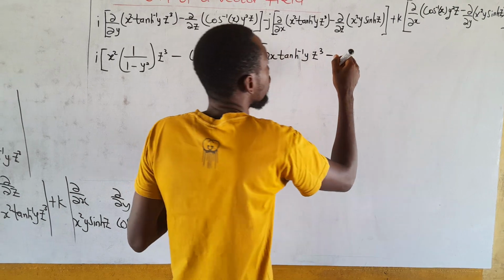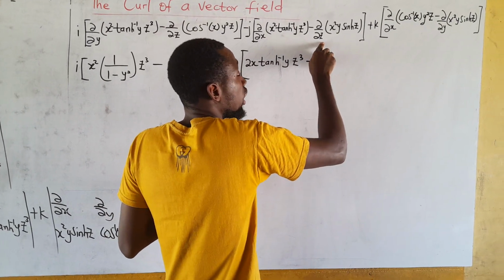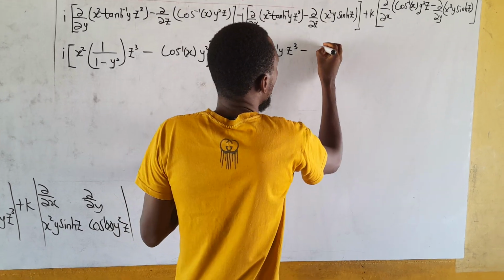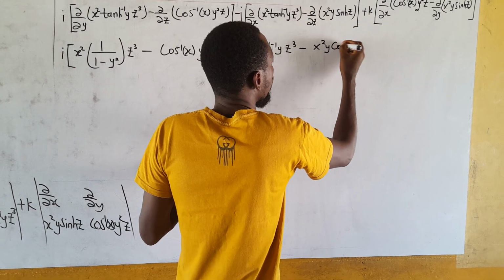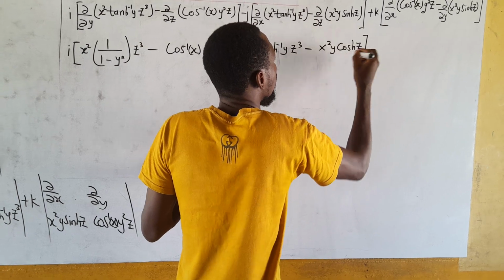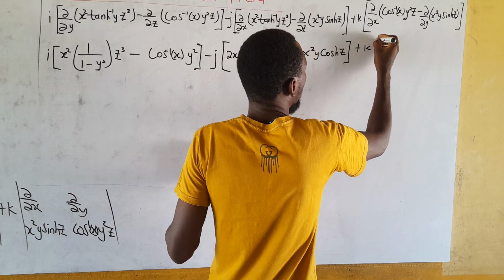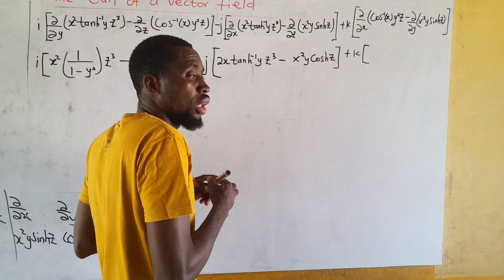Then minus. We perform a partial differentiation of this function with respect to z. What happens? The x squared and the y will be held constant. So we have x squared y. The differential of sinh z is cosh z. That's for the j direction. Then plus k. We perform a partial differentiation of this function with respect to x.